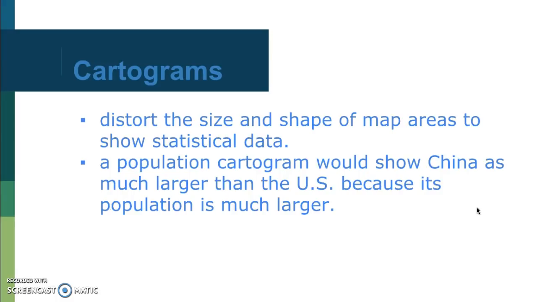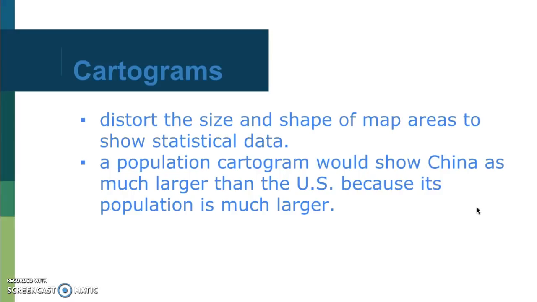Whatever you do, you distort the size and shape. And its purpose is to show you some kind of statistical data. So, for example, if I have a cartogram and I'm looking at population, and I have a map of the world, suddenly China would be ginormous because the population of China is so large.